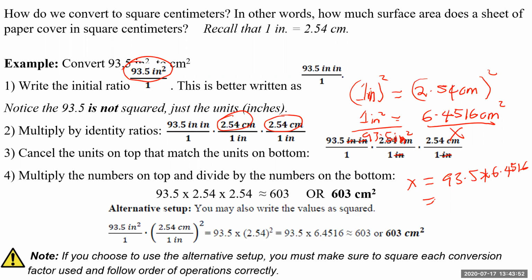So 93.5, and that should give us 603 cm squared. So that's basically how we are dealing with this at this point. I just wanted to give you the alternative way if you want to go by the proportion approach.